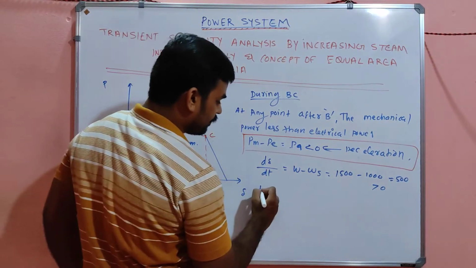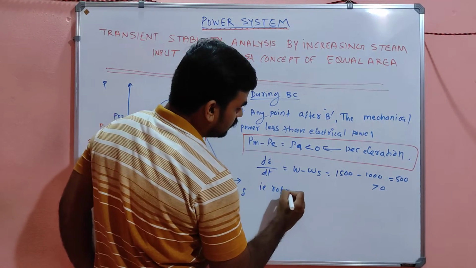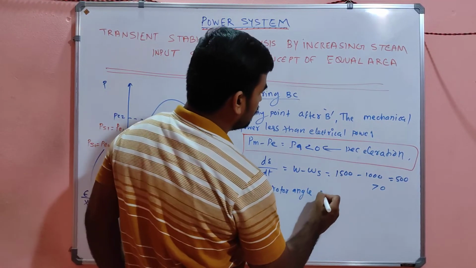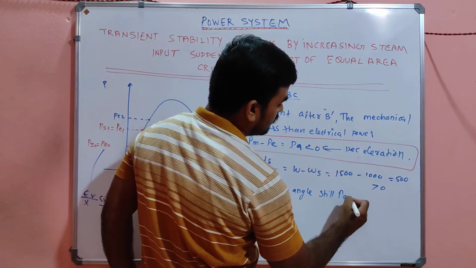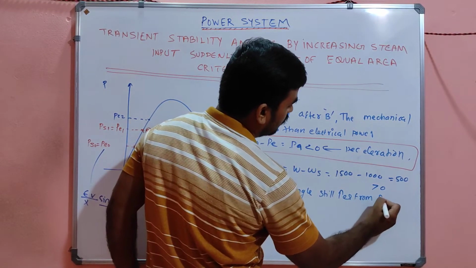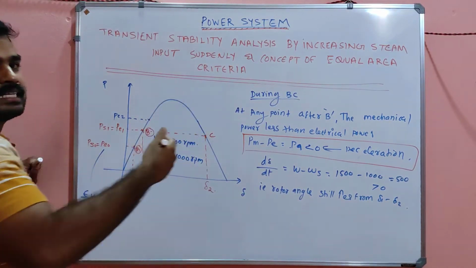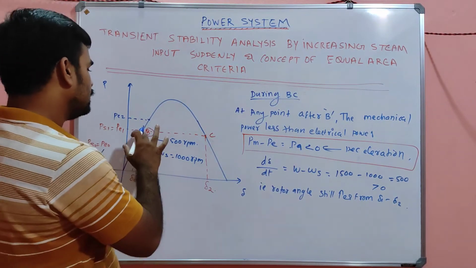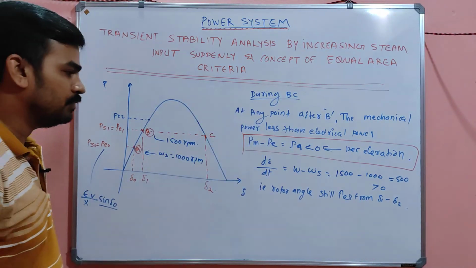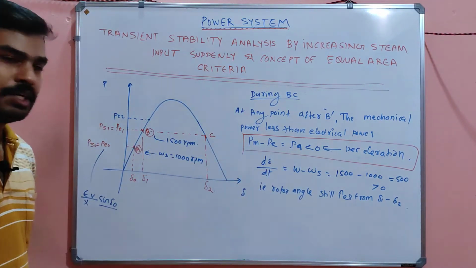The rotor angle still increases from delta 1 to delta 2, continuously increasing from delta 1 to a new value, delta 2 maximum.